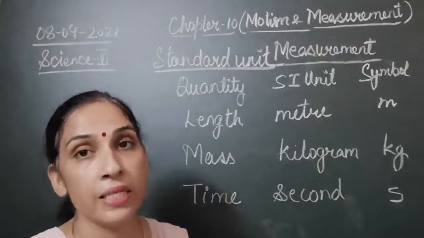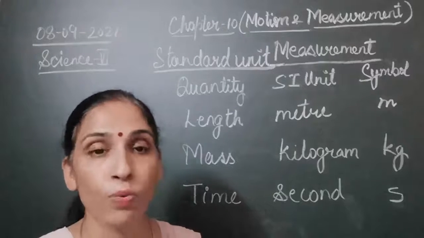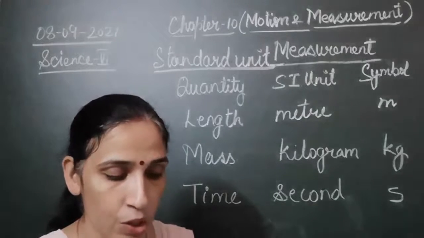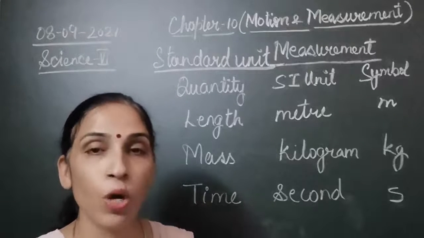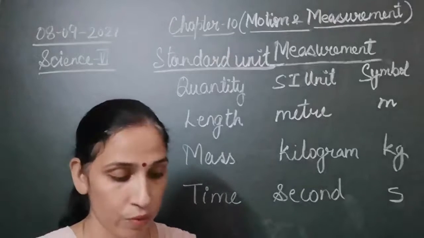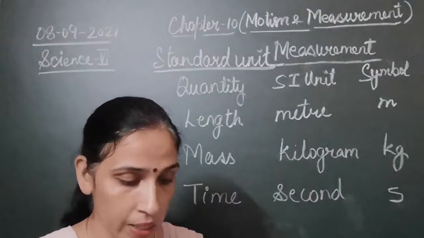So in 1960, the scientists all over the world, in the General Conference of Weights and Measures, agreed to have the same set of units for different physical quantities.